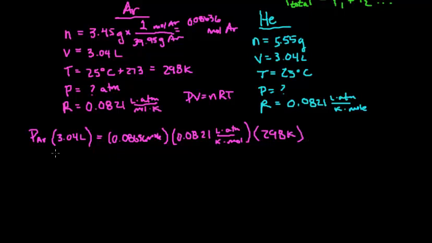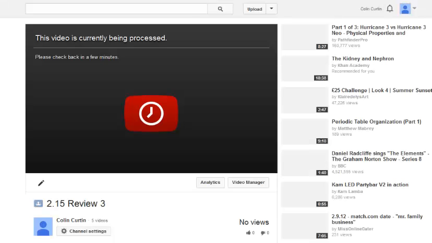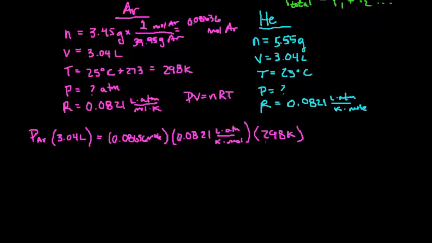And so really now I'm just simplifying this information. So I'm going to start on this side over here and simplify that first. So 0.08636 right here times 0.0821 times 298 Kelvin.